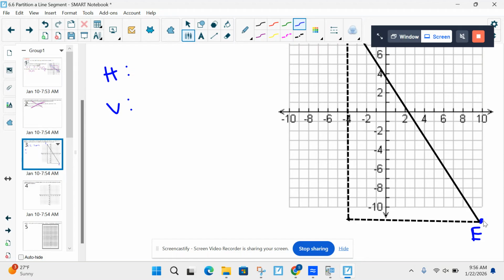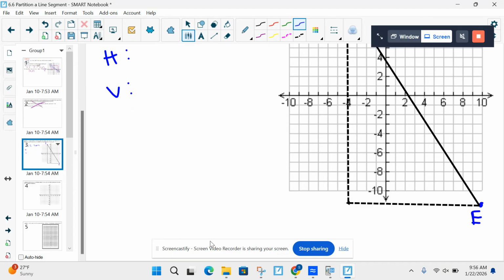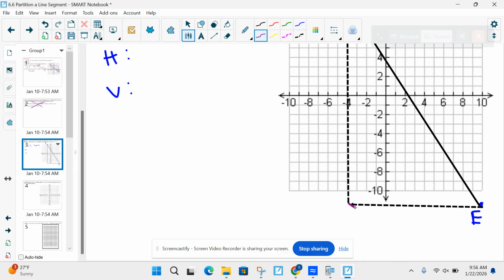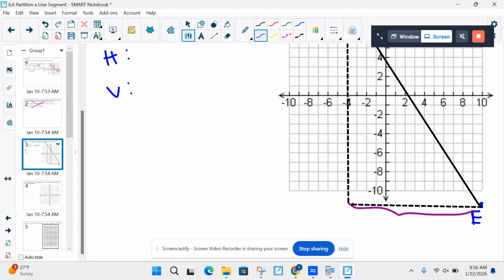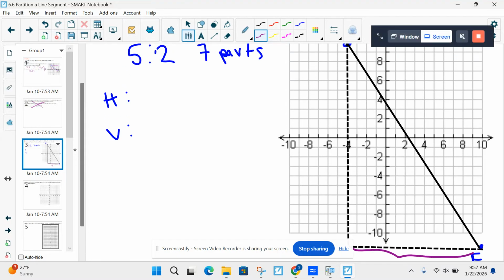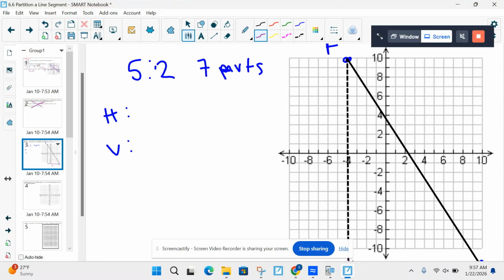So, from E to F, horizontally, you've got 10 to negative 4. What's the distance between 10 and negative 4? 14. Okay, and our ratio here, if it's 5 to 2, will be 5/7.